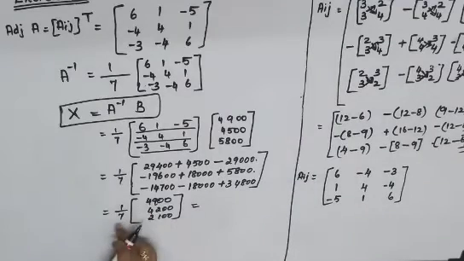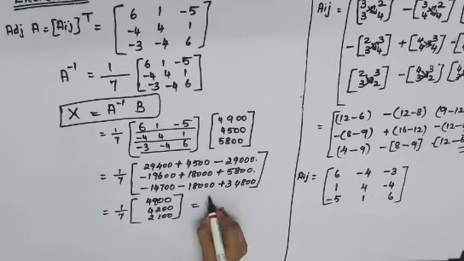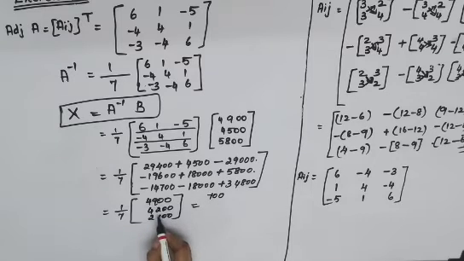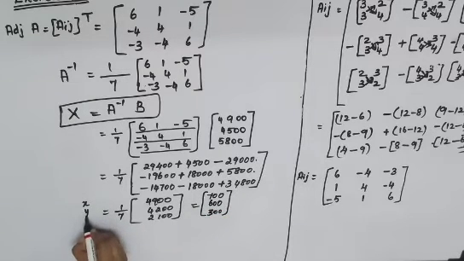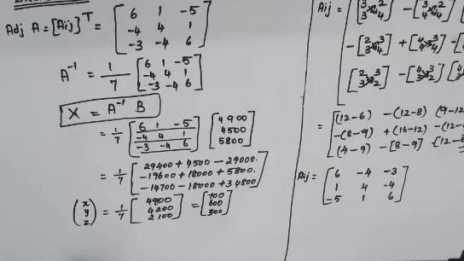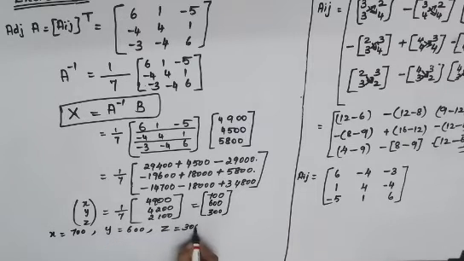So dividing each term by 7, you will get 700. Next 4,200 divided by 7, you will get 600. Then 2,100 divided by 7, you will get 300. So this is nothing but your x, y and z. We will have to find this one only. So we can declare your answer as x is equal to 700, y is equal to 600, z is equal to 300.